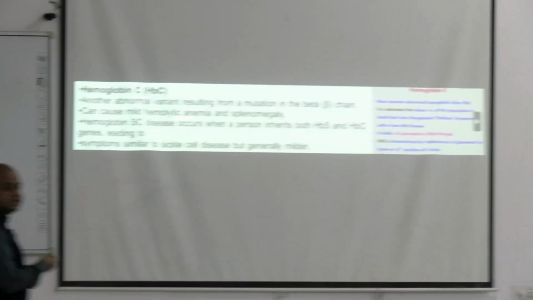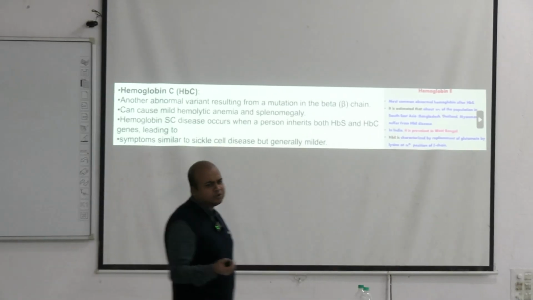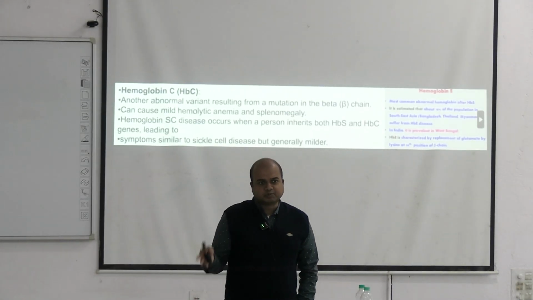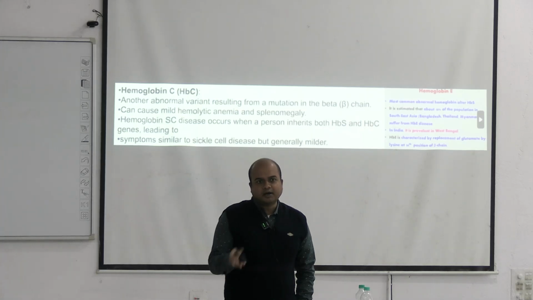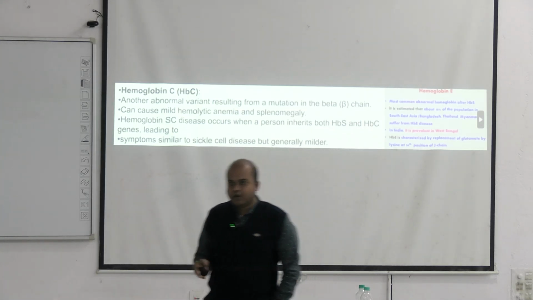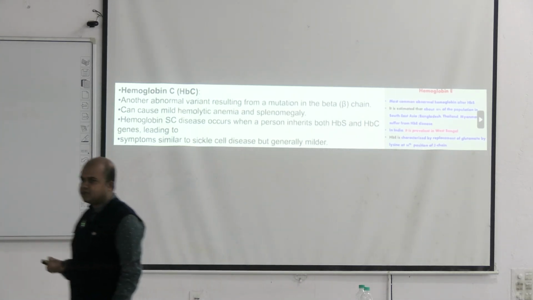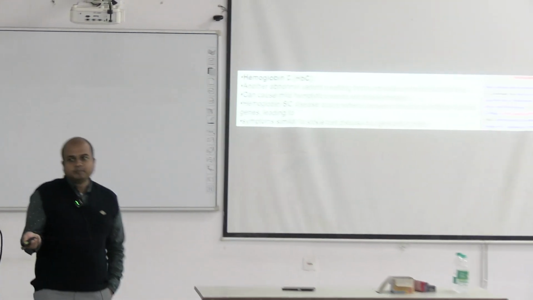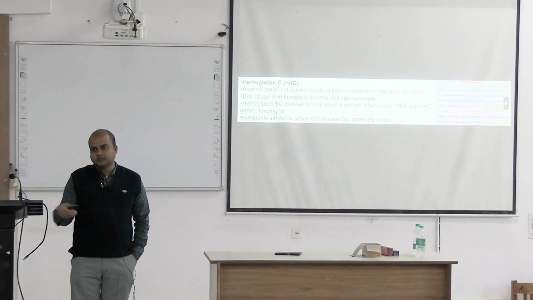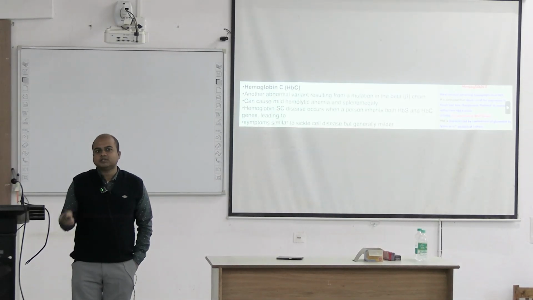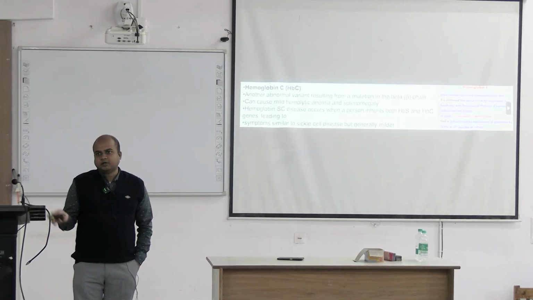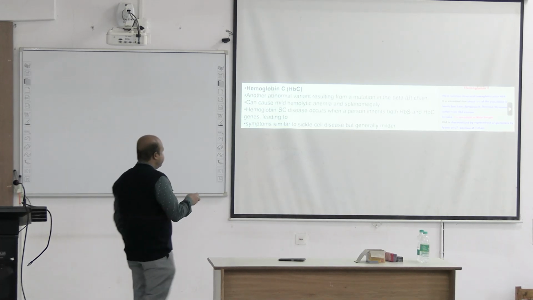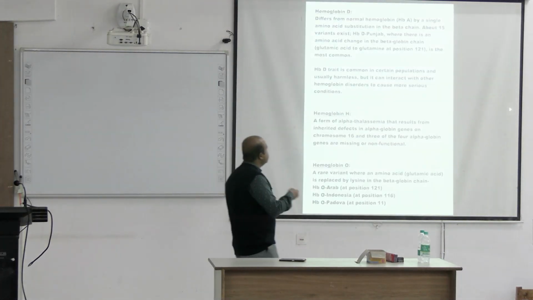Hemoglobin C itself can cause mild anemia and splenomegaly, which means enlargement of the spleen. We will study anemia and splenomegaly in short in physiology, and in medicine and pathology we will study why they occur, but in hemoglobin C they occur only in mild forms.